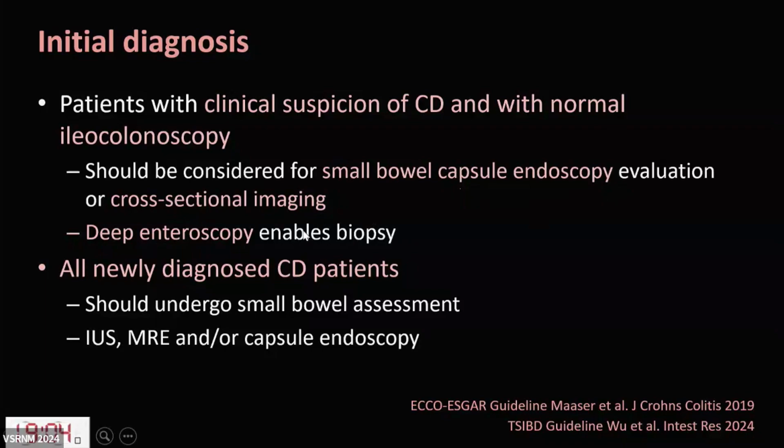And if biopsy is needed, then deep endoscopy can be used. And also, if the patient has an abnormality on colonoscopy and is already diagnosed with Crohn's disease, they should still undergo small bowel assessment to define the extent of the disease. And ultrasound, MRE, or capsule endoscopy can be performed.